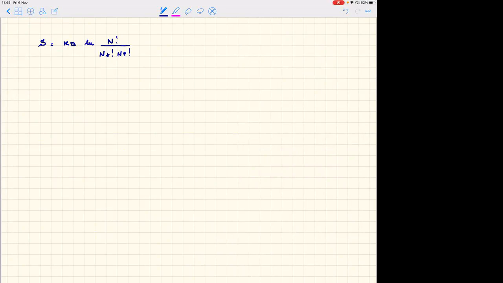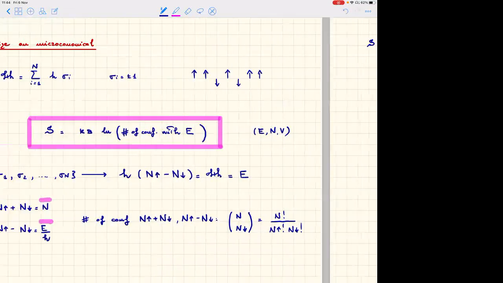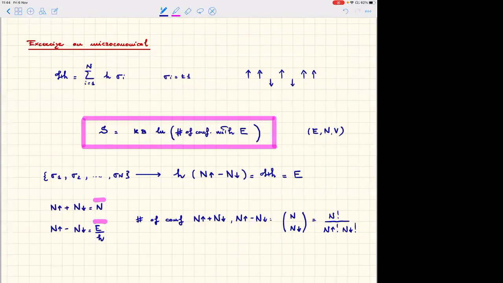Now, given this, you use the Stirling approximation. Assume that the energy is not too close to the boundaries. The total energy here can vary between plus n times h when all spins are up and minus n times h when all spins are down.